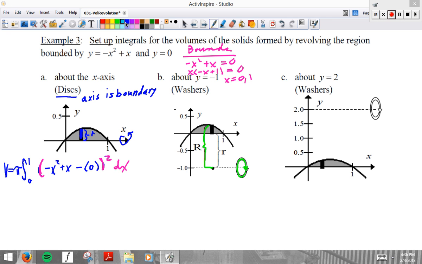So that would be volume equals pi times the integral, and here's where we're going to get going here. That's still my representative slice. That slice still has to go from 0 to 1 to cover the entire gray area.